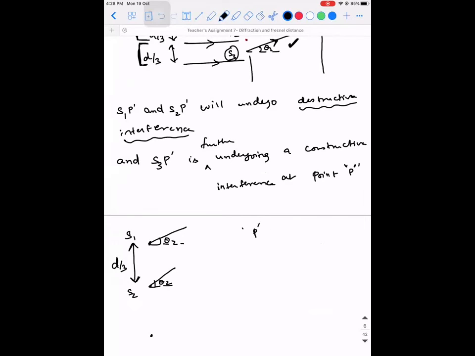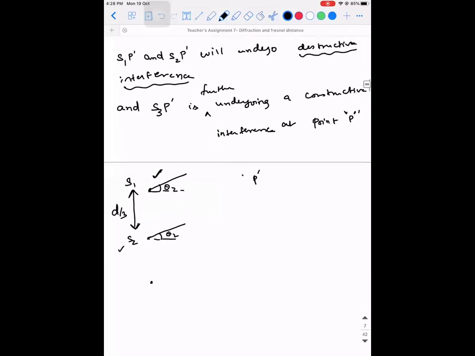Now observe. You are able to find the bright spot on the screen at point P' only because of the fact that the rays from S1 and S2 are undergoing what? Destructive interference. Again, now look at the mathematical condition I'm going to write.